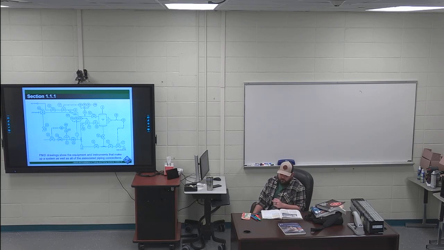Out to the side of that paragraph, I wrote data for all instrumentation loops. So this has the data for all the instrumentation loops. The next paragraph, first sentence is the highlight.